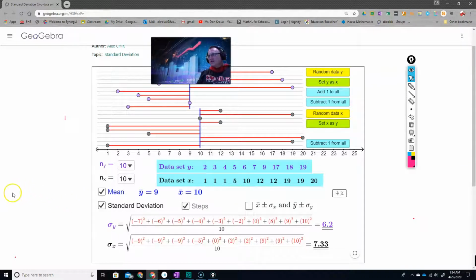So if we have data that is in the shape of a bell curve, like ACT tests, SAT scores, those tests are set up in such a way so that the scores are normally distributed.